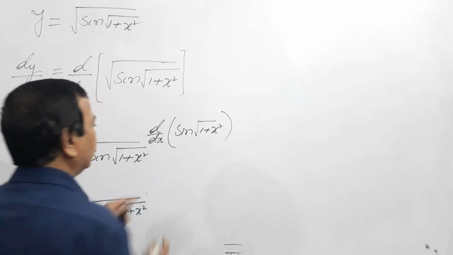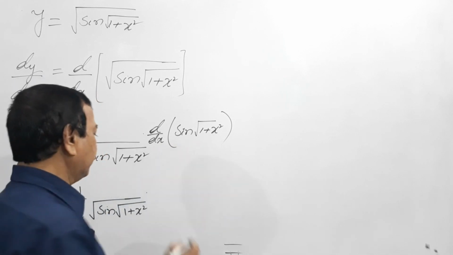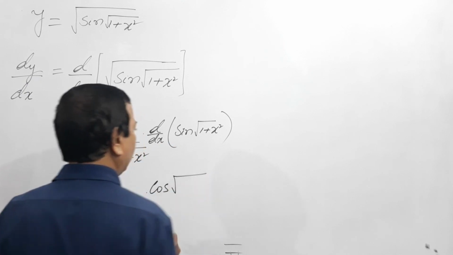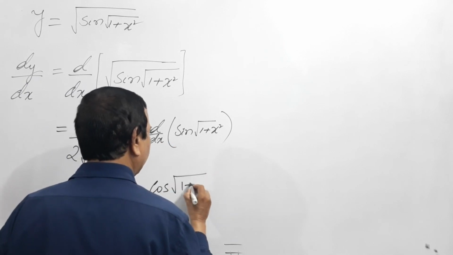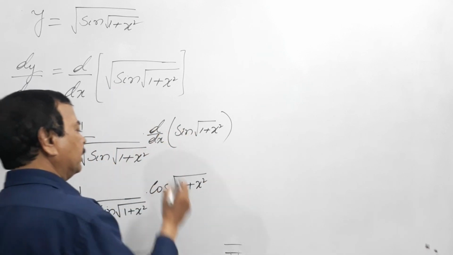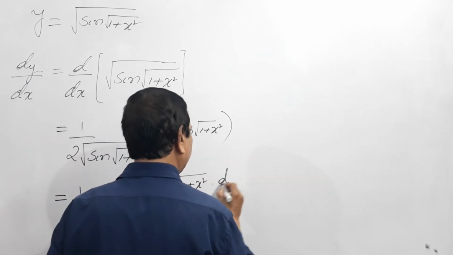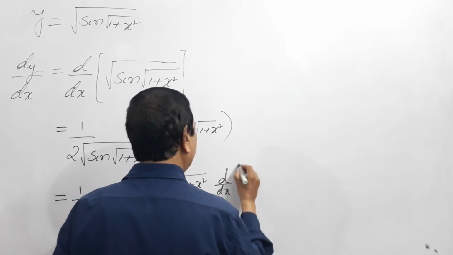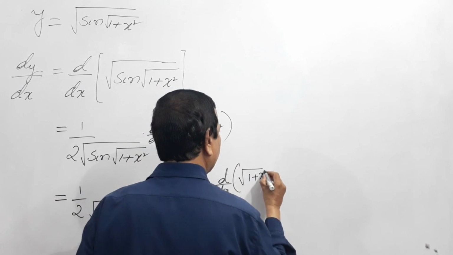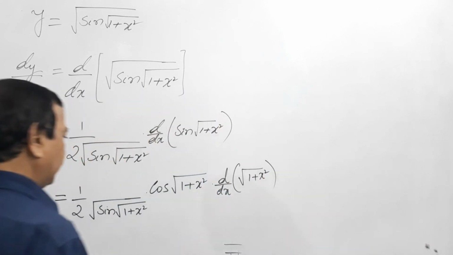So this becomes d by dx of sine, which is nothing but cos of under the root 1 plus x square. So you differentiate this. Now d by dx of under the root 1 plus x square.